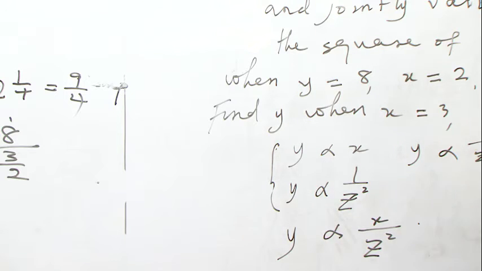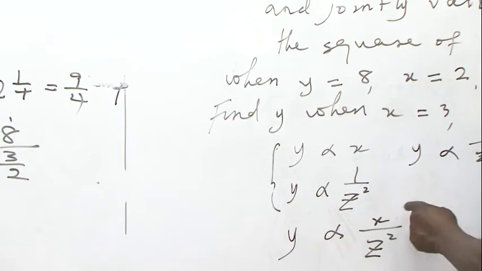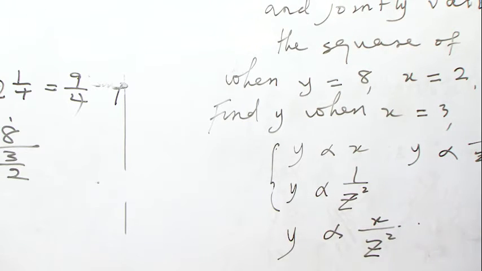It's joint variation. Y is proportional to x. At the same time, the same y varies inversely as the square of z. You know, this is proportionality. If you remember, I told you to remove this, we need to introduce a constant k.